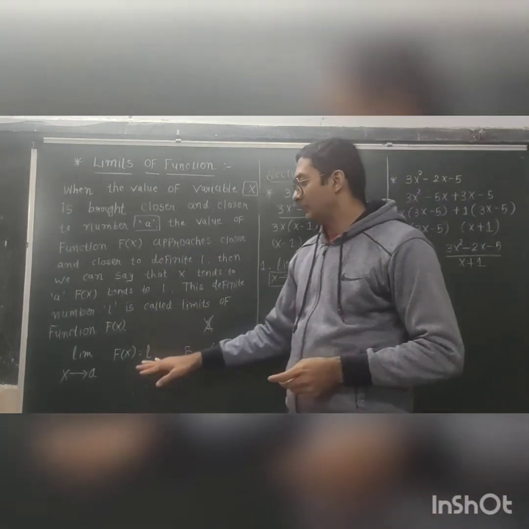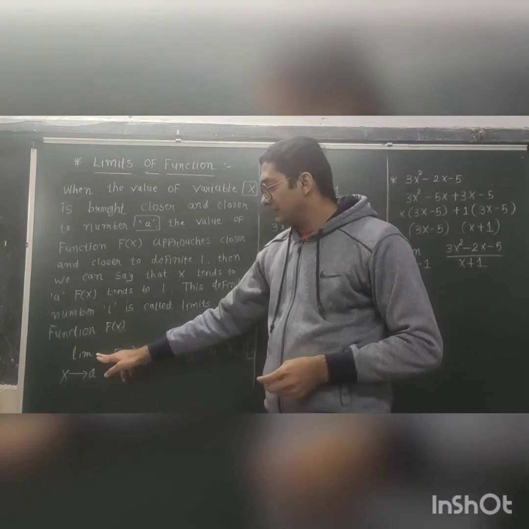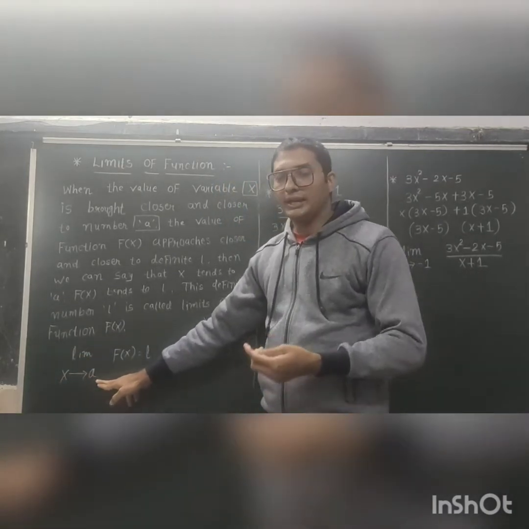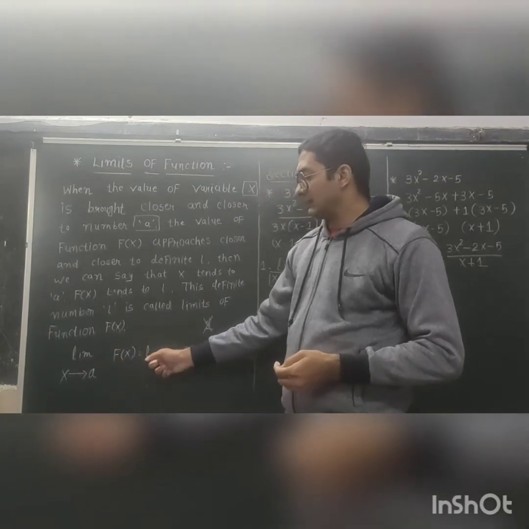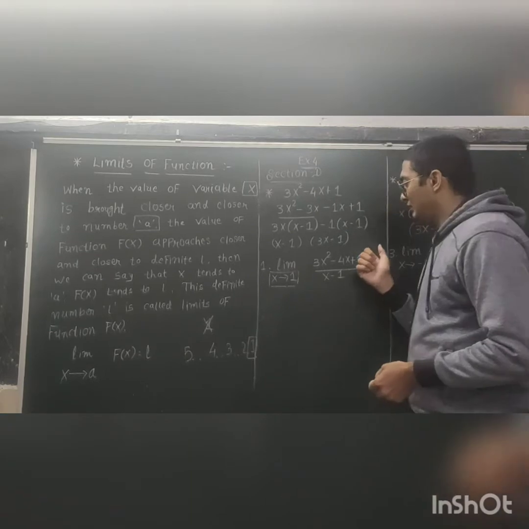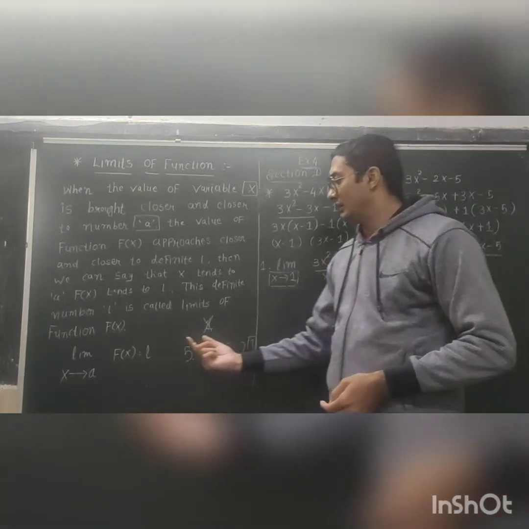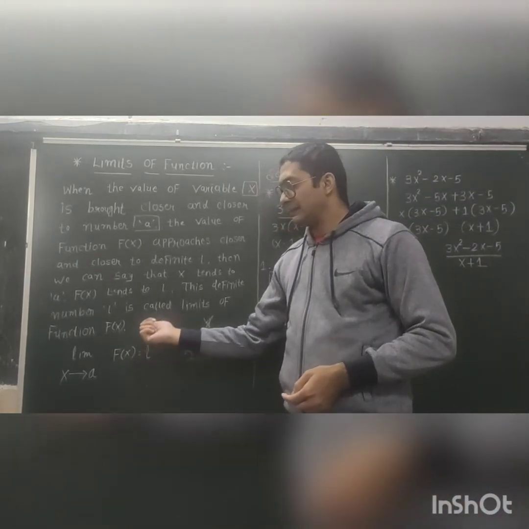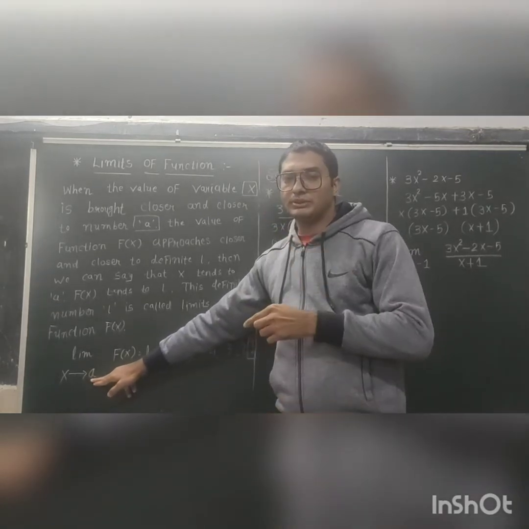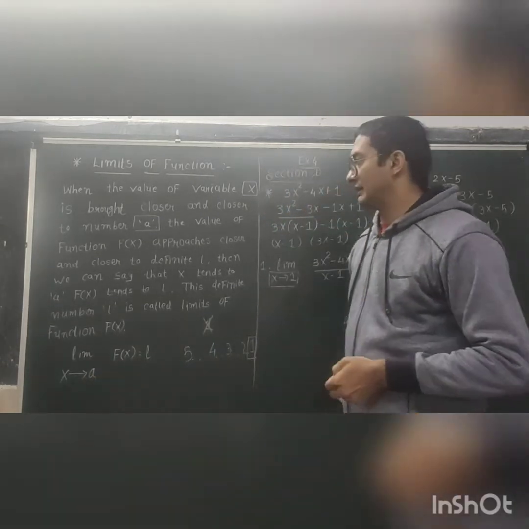So how can we present it? Limit of x tends to a, where f of x is equal to L. So what is L? This is this full equation. This is called f of x, and here we have to put the value once again.